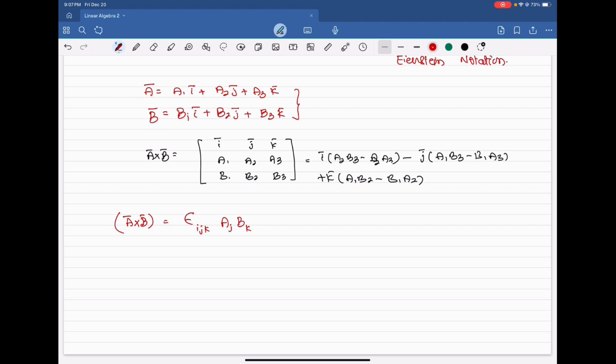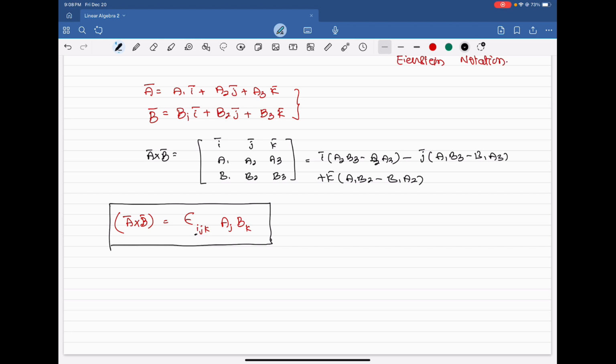This is what the A cross B product is. It is a very important equation. Please remember this: A cross B is equal to epsilon IJK AJ BK. This I is left over, and J is attributed to A and K is attributed to B in a cyclic sequence.